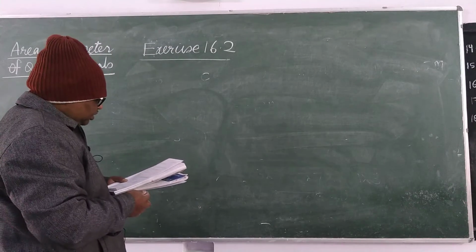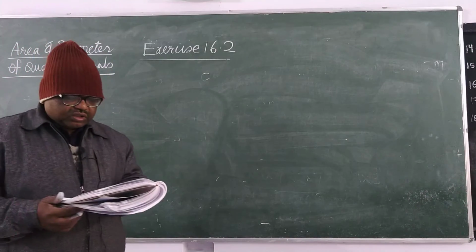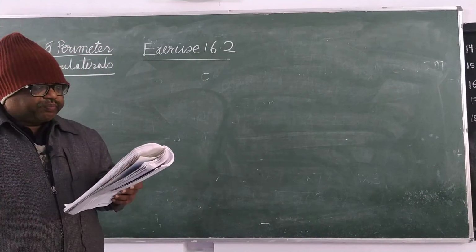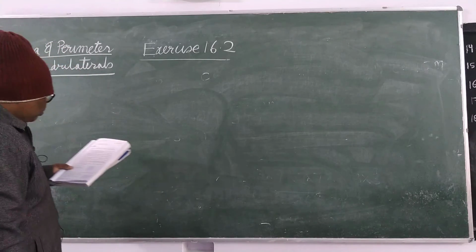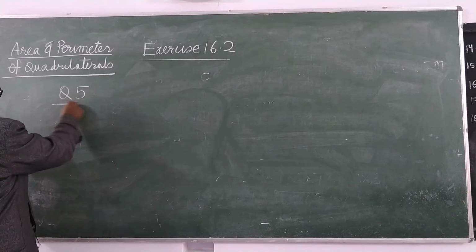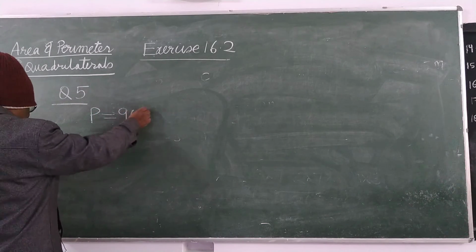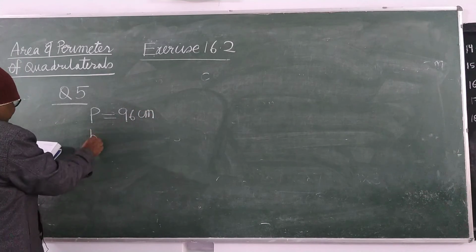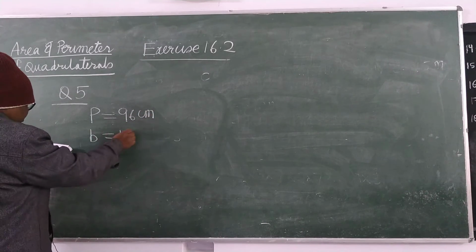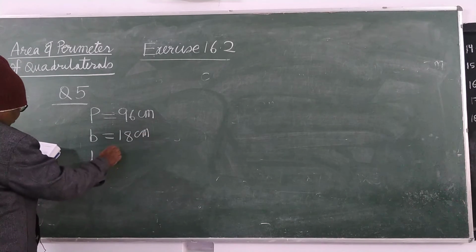This is also of the same type as question number 2, so I am not doing it. Question number 5, the perimeter of a rectangular cardboard is given 96 centimeter, and its breadth is given 18 centimeter. Find the length and area of the cardboard.